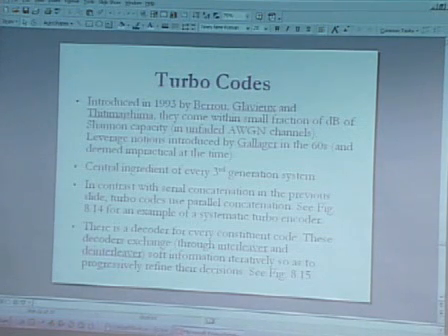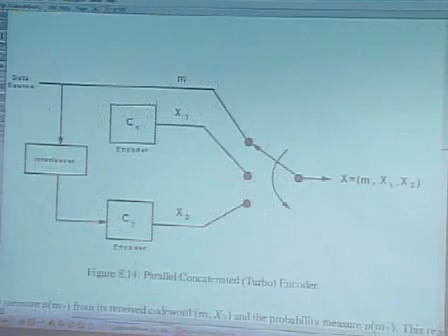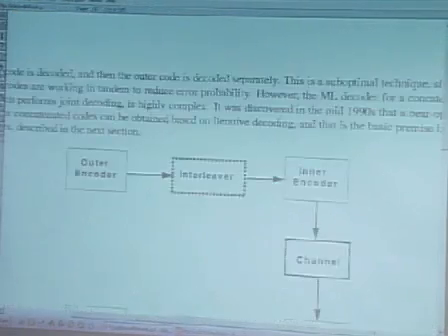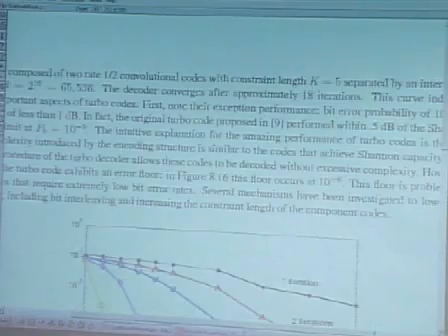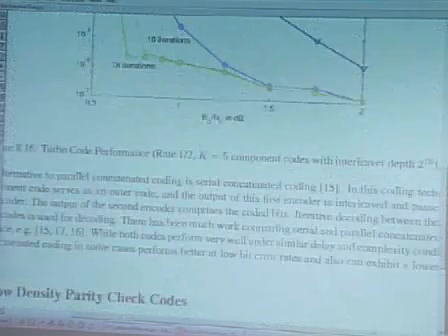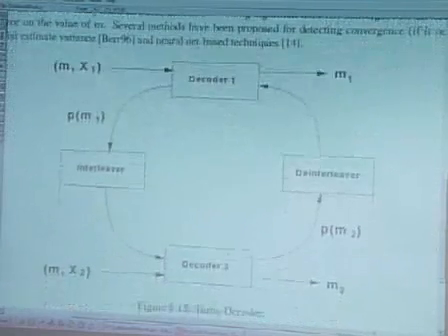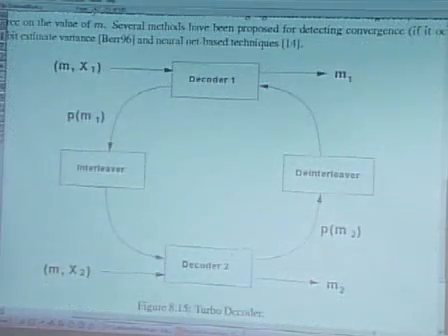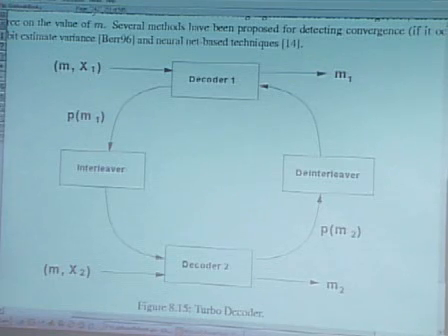So now, this is the encoder. How does the decoder work? Here it is. The decoder is iterative. So there are two decoders. One that decodes code 1 and one that decodes code 2. And these guys iterate. So they pass information to each other through an interleaver, which just reorders the bits every time.